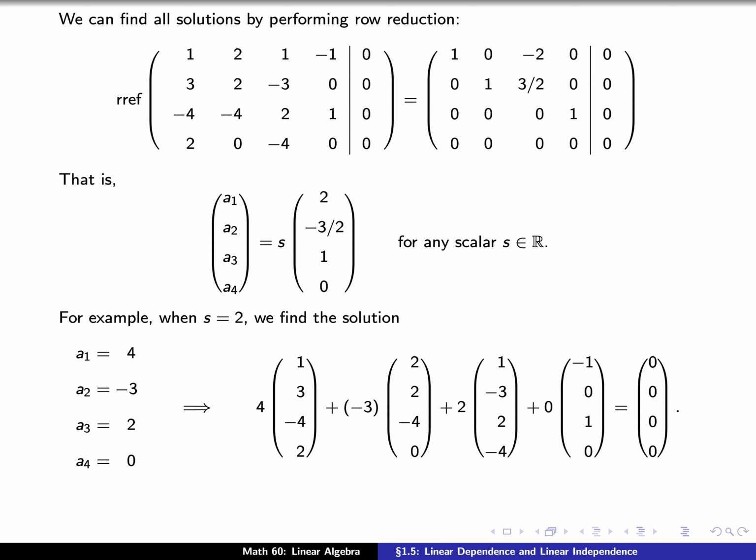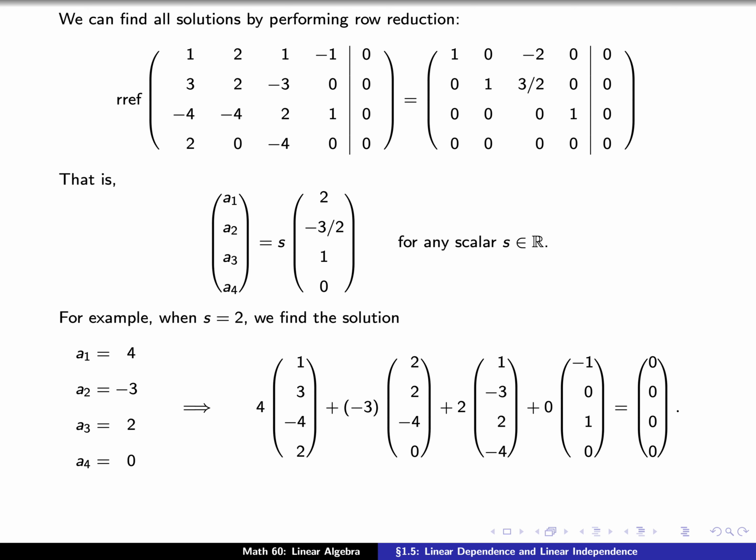For example, if we were to choose s equal to 2, then we would find a solution a sub 1 equals 4, a sub 2 equals negative 3, a sub 3 equals 2, and a sub 4 equals 0. Now this is not the only solution, but this is a non-zero solution. Not all 4 elements are 0. Notice that a sub 4 is 0, so we could have one of them as 0, but the important thing here is that not all 4 of these are 0.